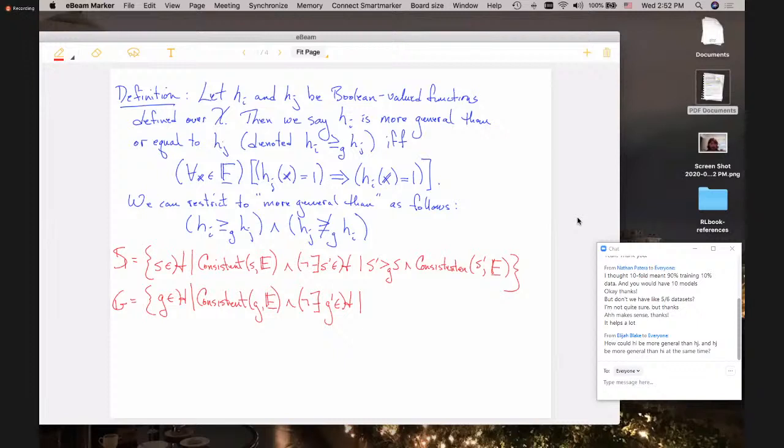Sorry. Hold on. This might be the question that's being asked. Should be S more general than S prime. Because down here, this is G prime more general than G and consistent.